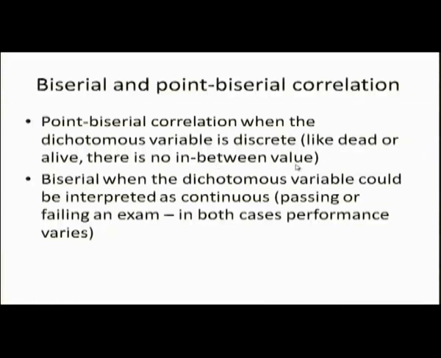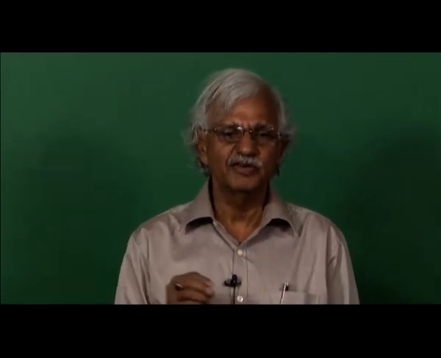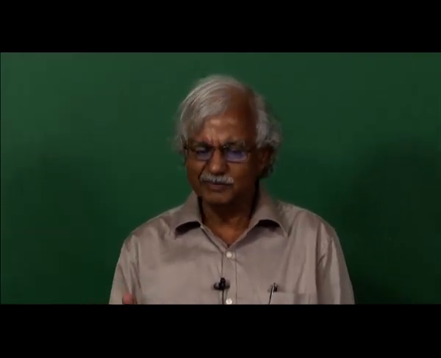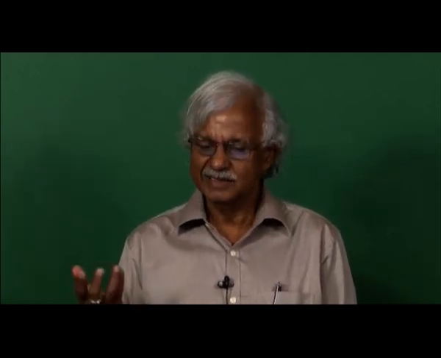And the logic is that in case of dichotomous variables, use some dummy 0 and 1, or 1 and 2, or 4 and 5, it does not matter, you will get the same correlation, because correlation is independent of origin and scale.